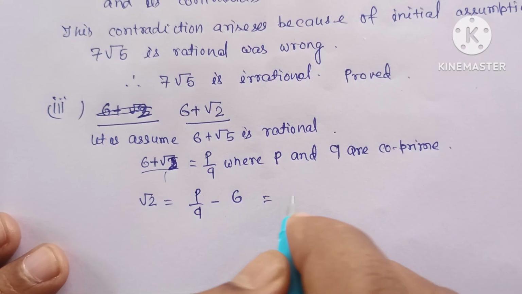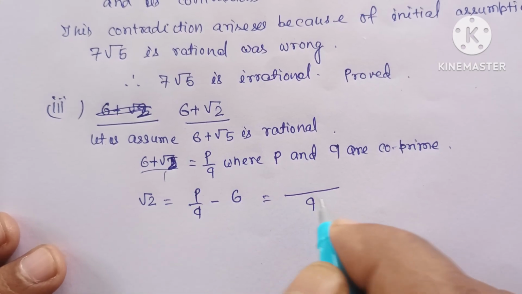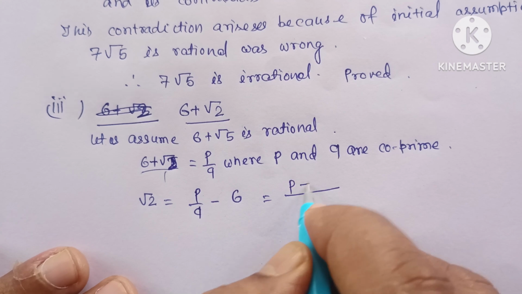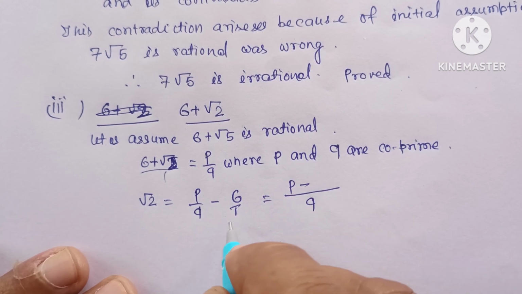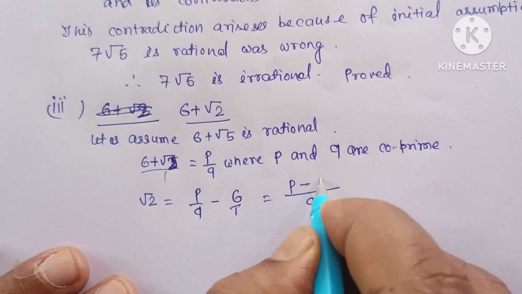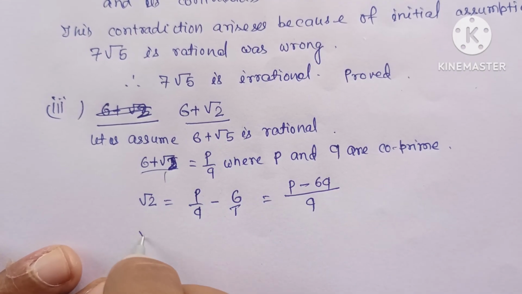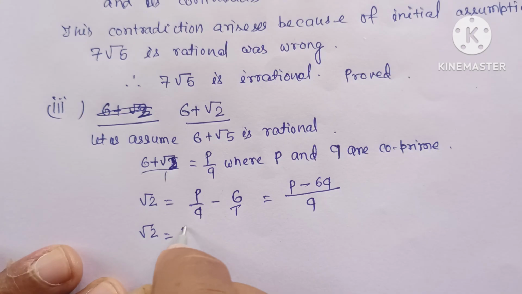If you take their LCM, q, q divided by q is 1 into p minus, and here 1, q divided by 1 will be q, so you can say 6q. So root 2 is equal to p minus 6q divided by q.